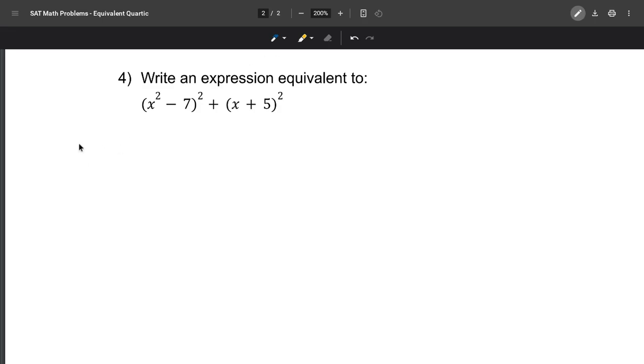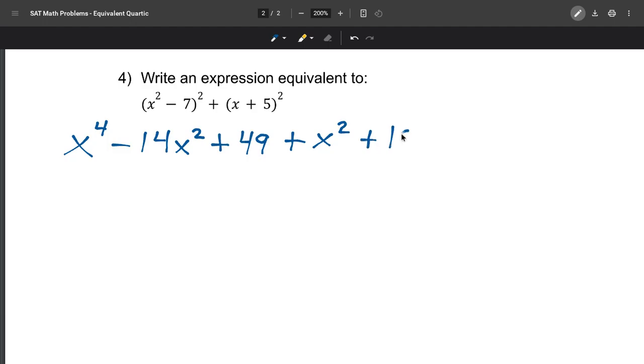So we're going to do x to the 4th minus 2 times 7 times x squared, so minus 14x squared, plus 7 squared, so plus 49, plus x squared, plus 2 times 5 times x, so plus 10x, plus 5 squared, so plus 25.